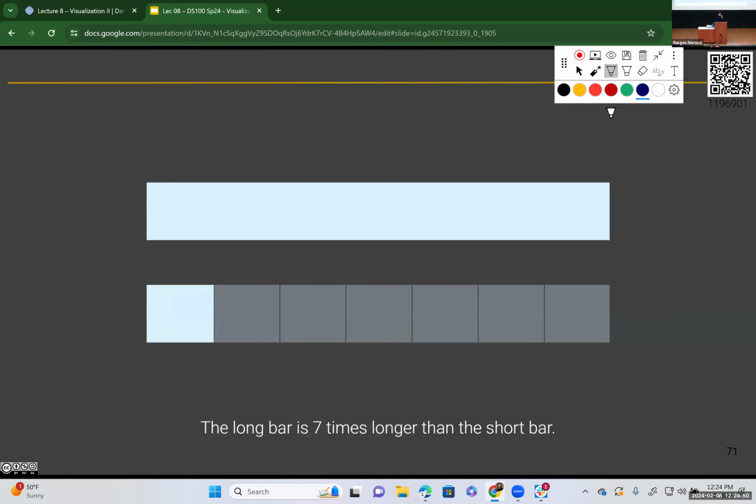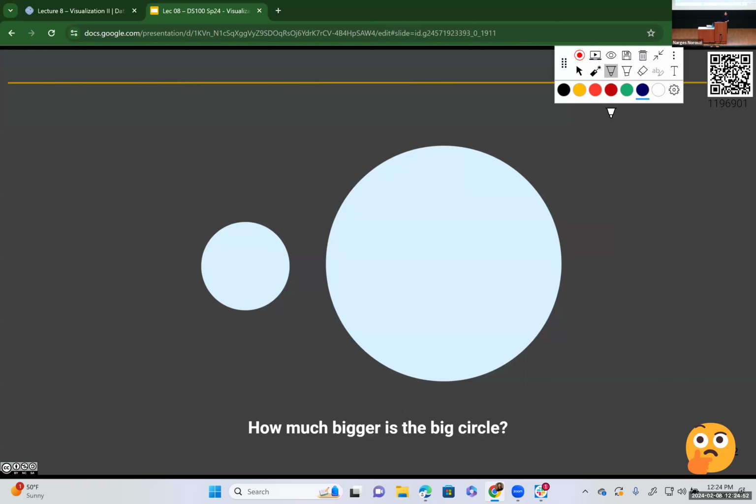Now let's do a practice with area. How much bigger is the big circle compared to the small circle? This is going to get challenging. Measure it for another 15 seconds. You have to put it in different regions.